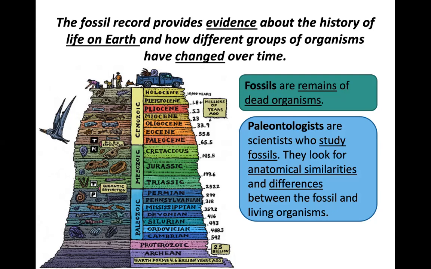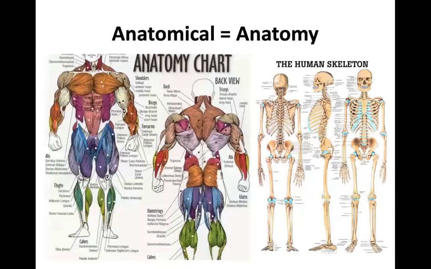Analogous is? Different structure, similar function. Yes. And then vestigial is? Vestigial is something that doesn't do anything. Perfect, okay? Next, this just shows us that anatomical deals with the anatomy. So when we're looking at anatomy, we are looking at body structures.